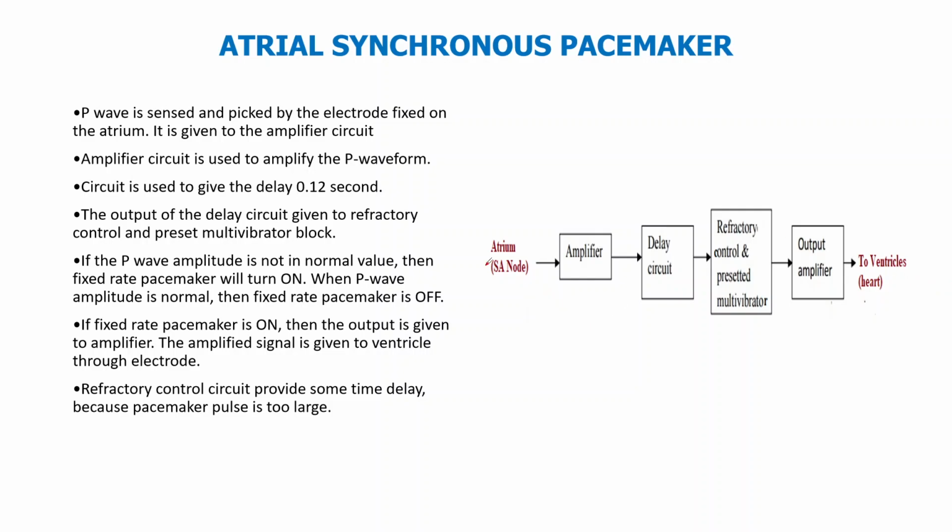Naturally, the SA node generates the impulse, and after 0.12 seconds it is transferred to the AV node, and from there to the ventricles through the bundle of His and Purkinje fibers. Instead of that, we are going to give it artificially, so we have to insert a delay circuit also. Here we monitor the P wave, and based on the P wave we operate this circuit.